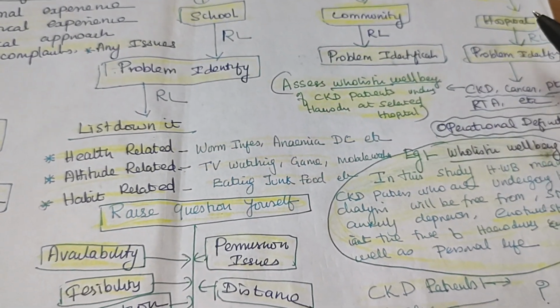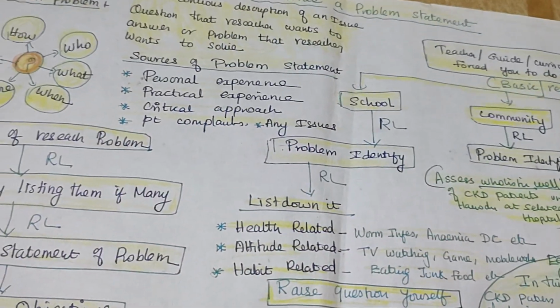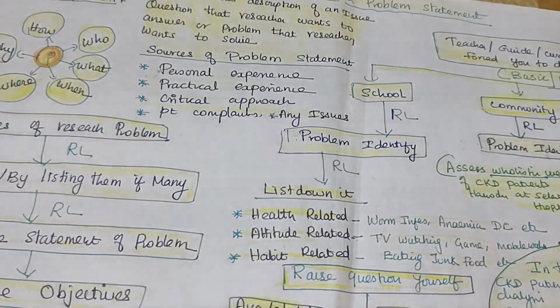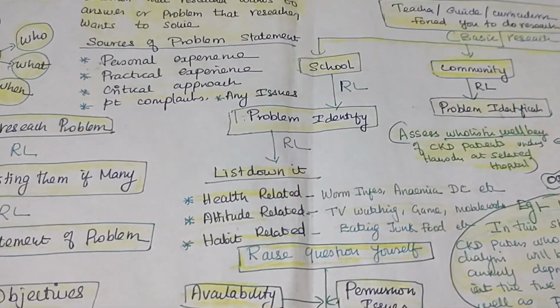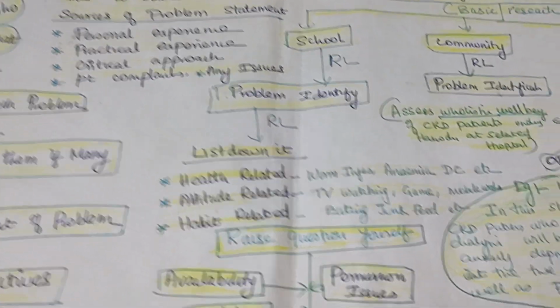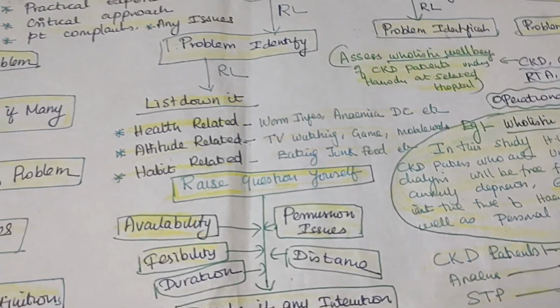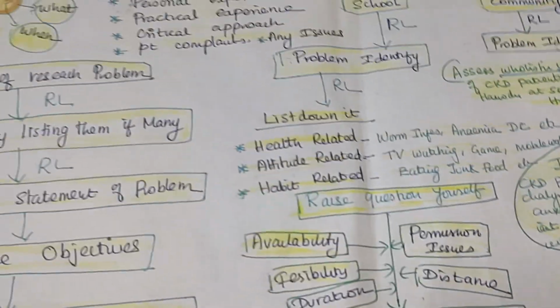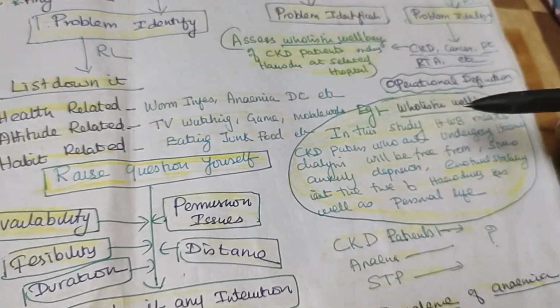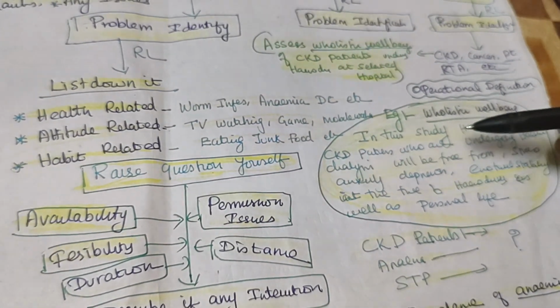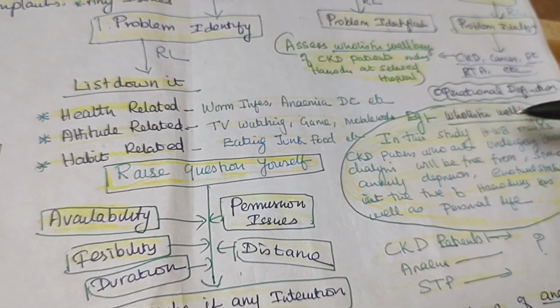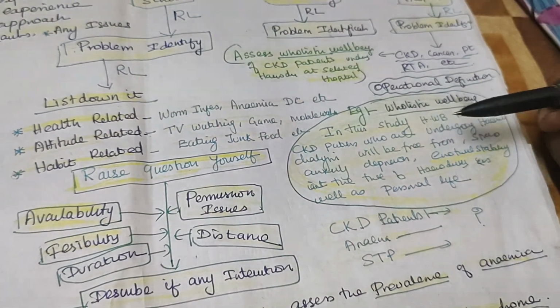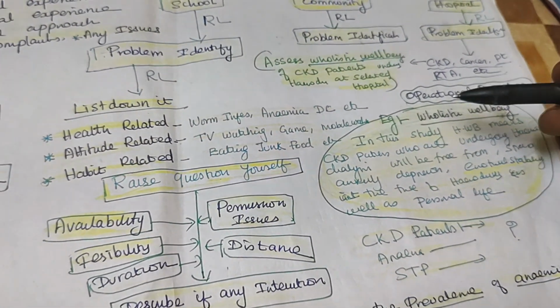Are you understanding? With this, your problem statement is not finished. You have to write the definitions. Okay, operational definition. This is the operational definition, it is not the definition of the dictionary. Most of the time you start writing well-being, you write the definition from your book or the Oxford dictionary.